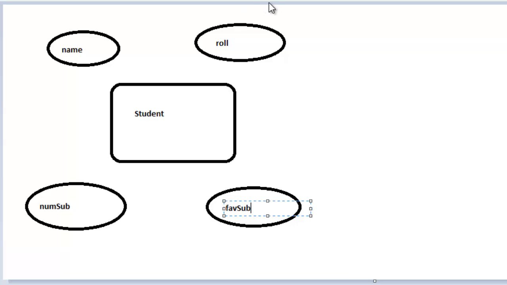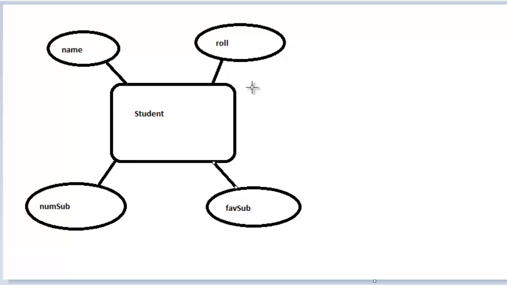So these were 4 member variables of the student, right? Now this is a class, that means there are many students in a class and every student has these 4 characteristics. Every student has a name, every student has a roll number, every student has a list of subjects with them and a favorite subject of that student.